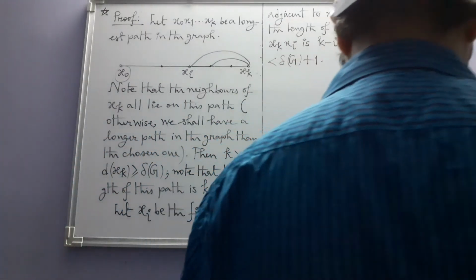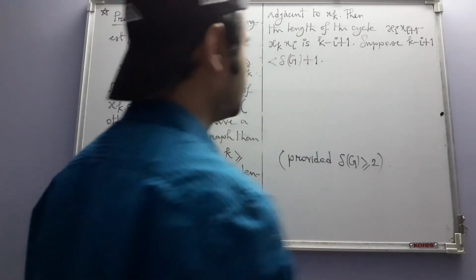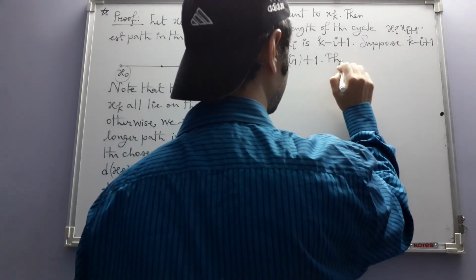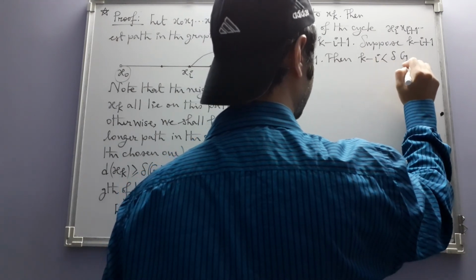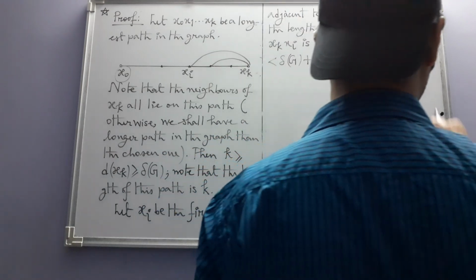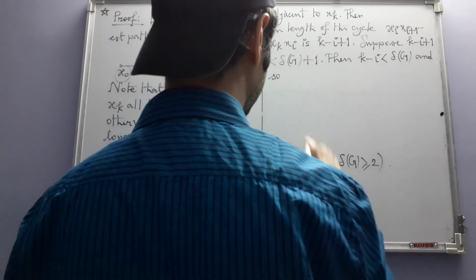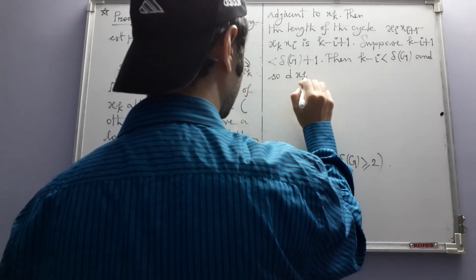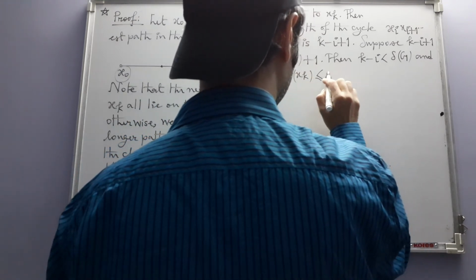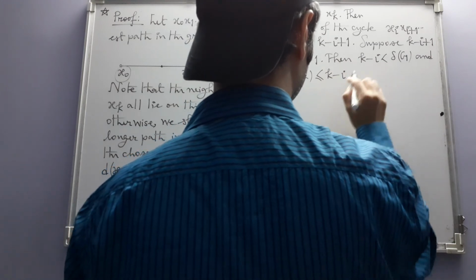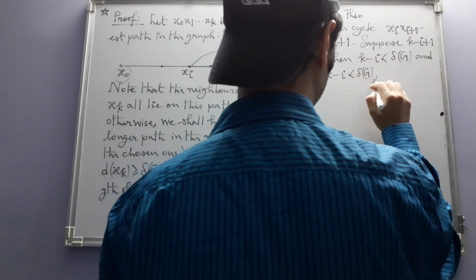Then if that is the case, k minus i is strictly less than delta g, and so degree of xk, which is less than or equal to k minus i, will be strictly less than delta g, a contradiction.